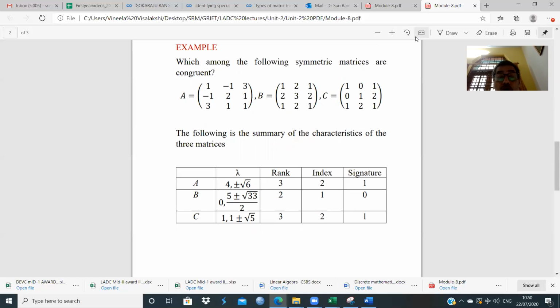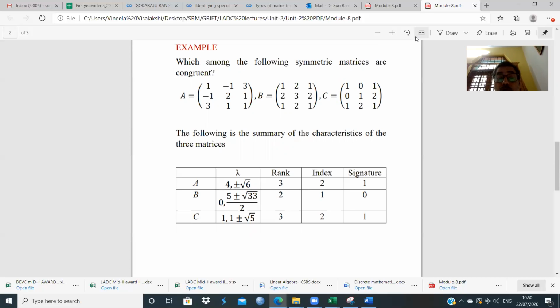We get 4 plus or minus root 6. So the rank is 3 because of 3 non-zero eigenvalues. Index is 2 because there are 2 positive eigenvalues, which are 4 and root 6. There is 1 negative eigenvalue, which is minus root 6. So the signature is 2 positives minus 1 negative, that is 1.